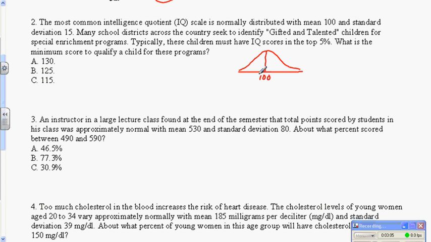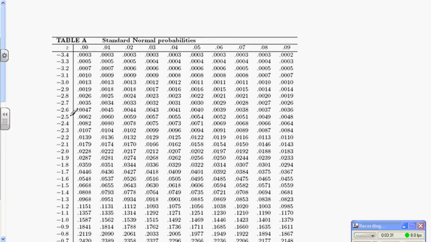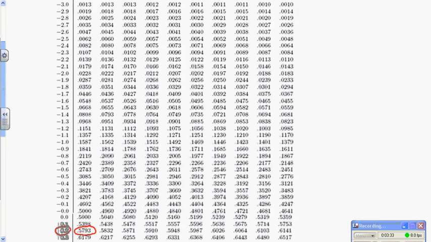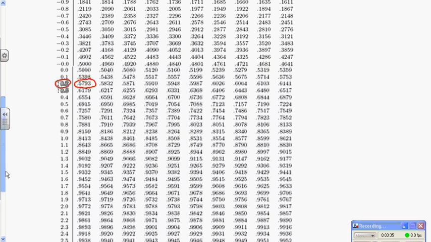What's the minimum score that they can get in? Well, if they're in the top 5%, this is 5%, which means this is 95%. So we need to look on the z-table to find 95%, so 0.95.